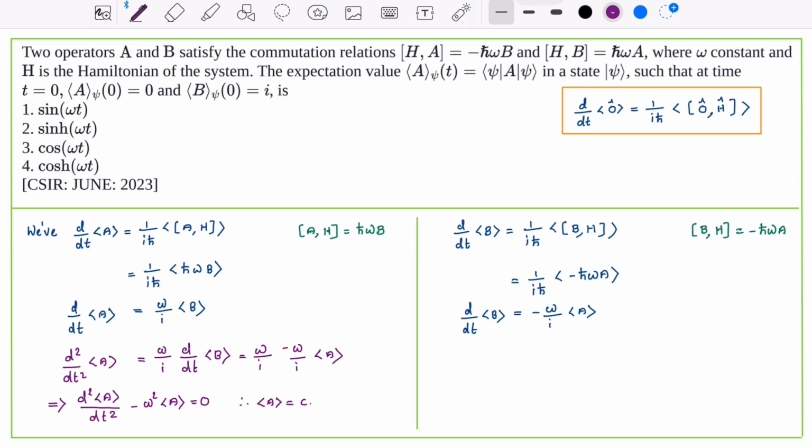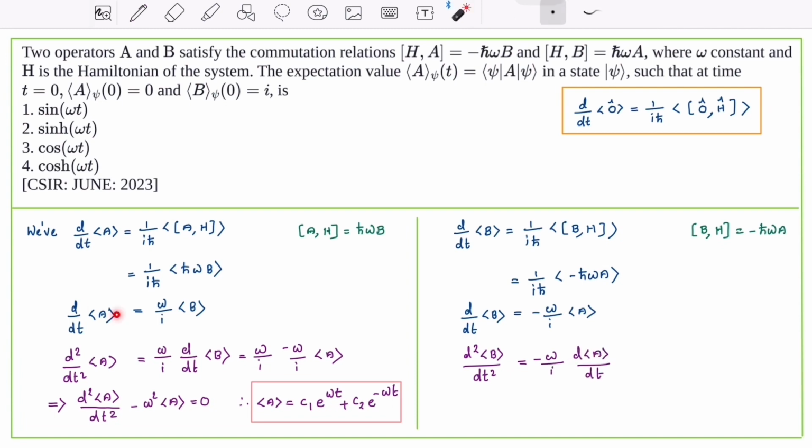Therefore, the solution is the expectation value of A is equal to C1 e^(ωt) plus C2 e^(−ωt). In the same way, d²B/dt² is equal to minus ω/i times d/dt of the expectation value of A. Substituting the value of d/dt of the expectation value of A from the left side, we get d²B/dt² minus ω² times the expectation value of B is equal to 0.